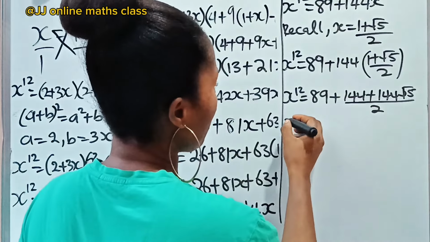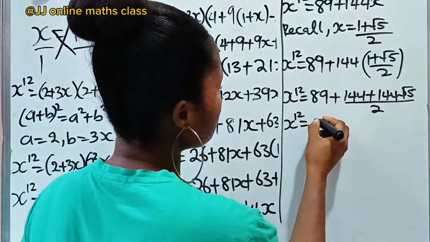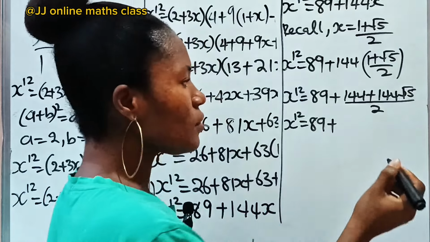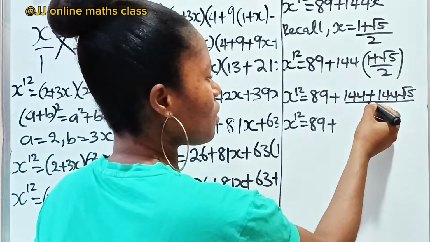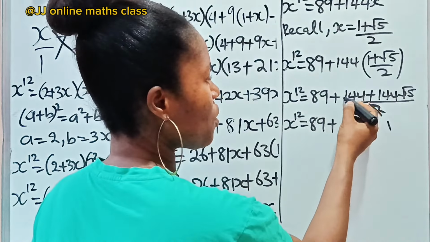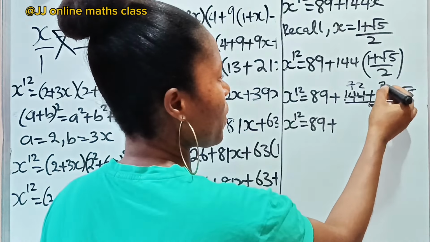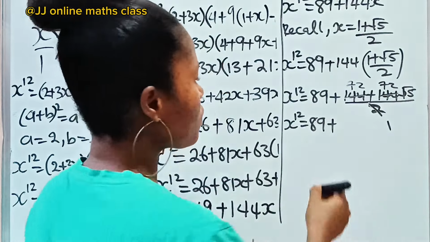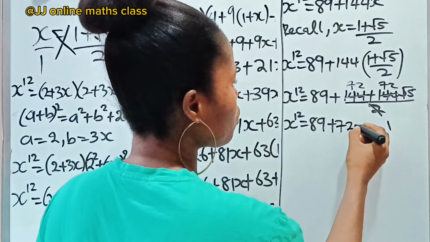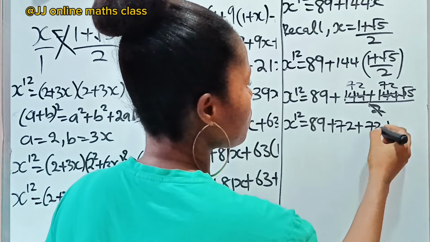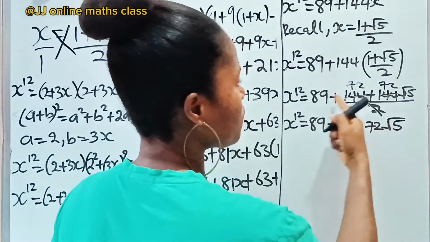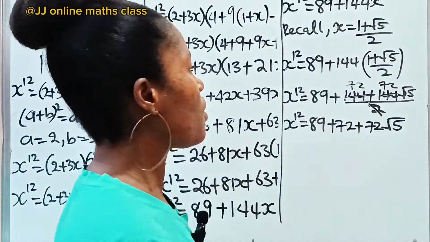Okay, so we have x to the power of 12 is equal to 89 plus, 2 divides itself 1. So if you divide this 144, we have 72. If you divide this 144, we have 72. Okay, so you're going to have 72 plus 72 root 5. That is what we are going to have as our numerator.